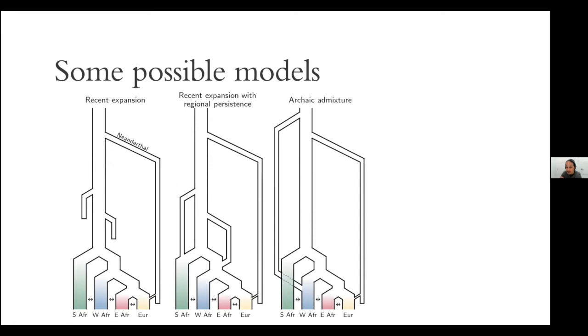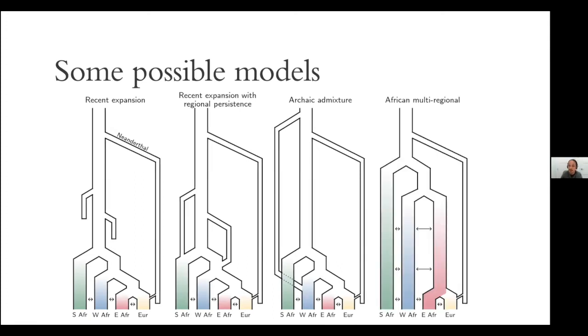Because they're morphologically different, we can infer that they probably split a very long time ago. But maybe if they coexisted in a given territory, because we have evidence that Neanderthals admixed with modern humans outside of Africa despite being deeply diverged, then maybe the same thing happened in Africa. And there's a fair amount of genetic evidence supporting that.